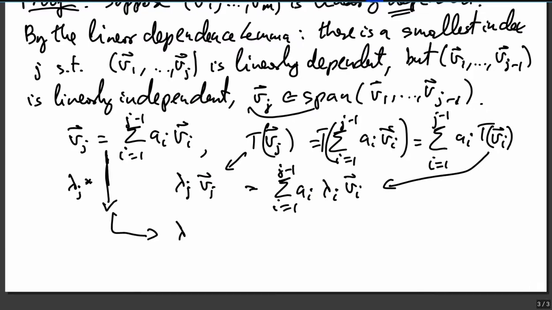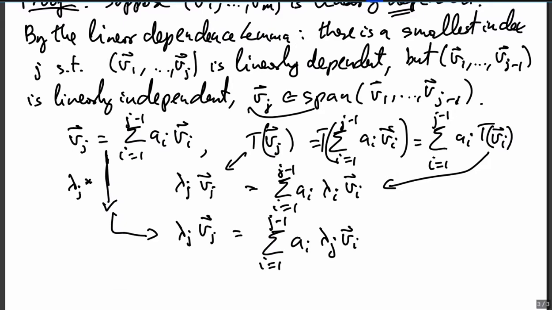Then on the left-hand side we get lambda j times the vj vector, and on the right-hand side it's almost the same sum. The big difference is that instead of lambda i's changing with the i index, we have just lambda j. So one has lambda i changing with the i index, the other one has just lambda j multiplier.